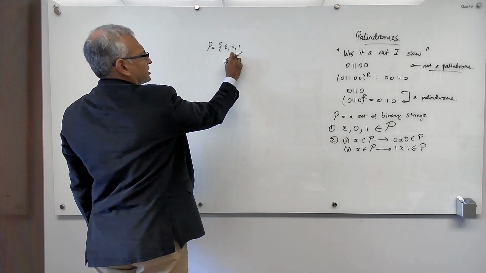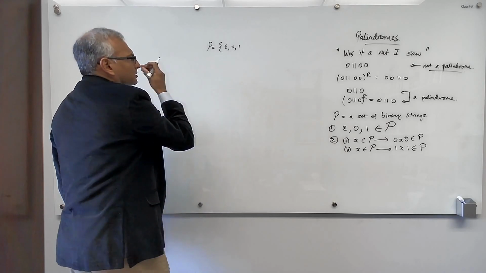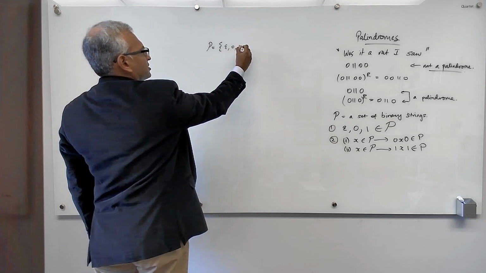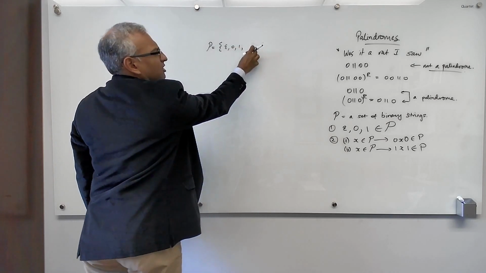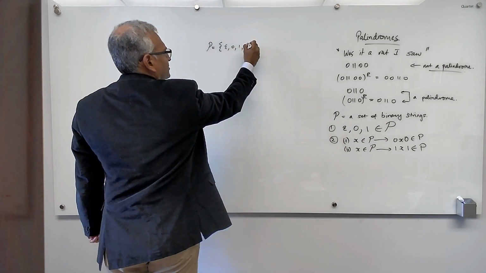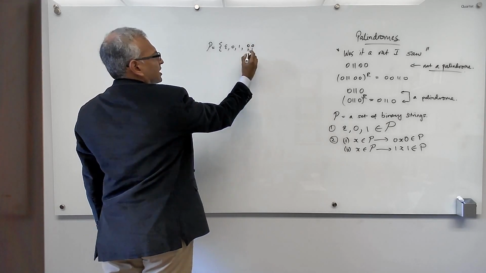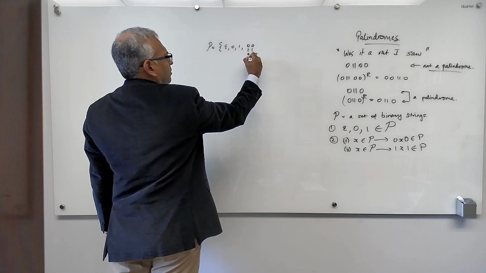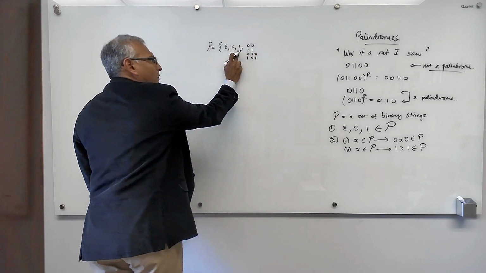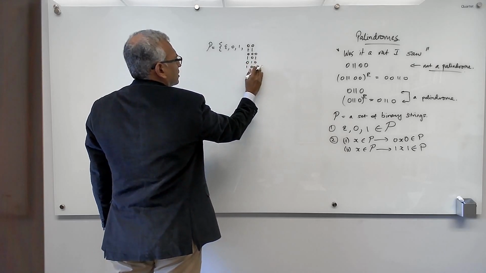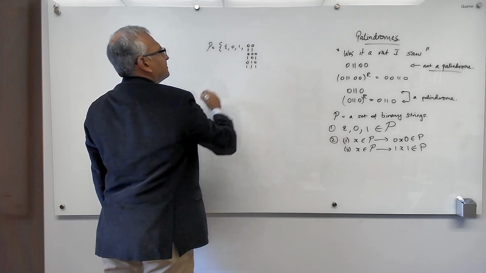If I take epsilon and attach 0 to both sides, I get 00. Think of this as the first generation. I get 00 or 11, appending 1. If I append 0 or 1 to 0, I get 000, 101. If I append 0 or 1 to 1, I get 010, 111.